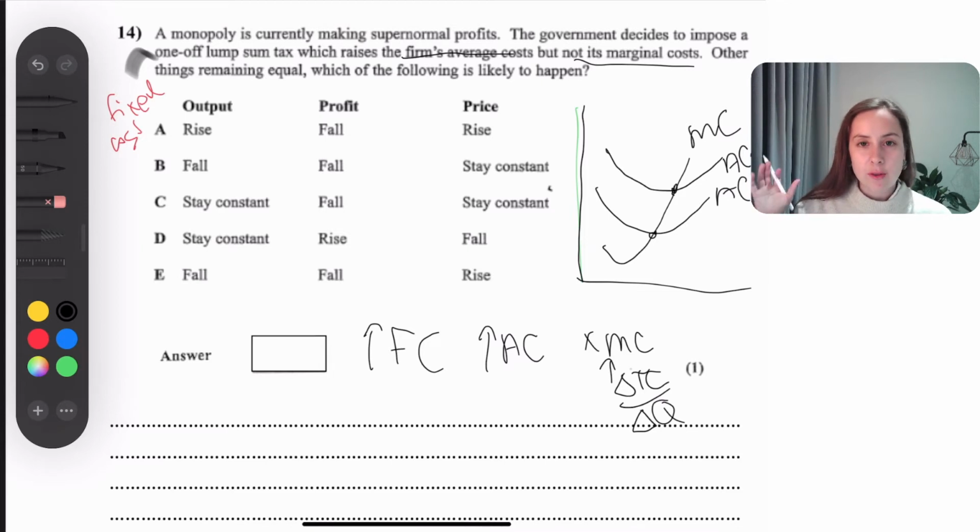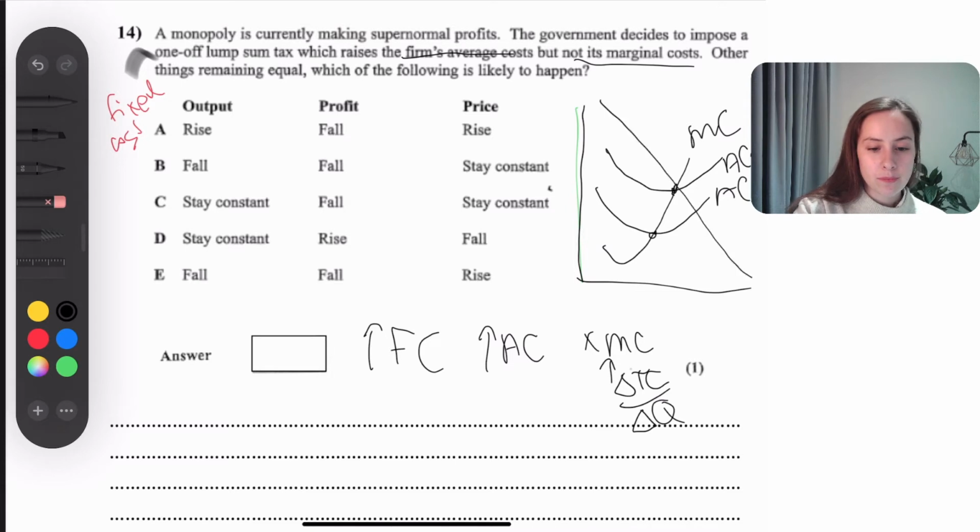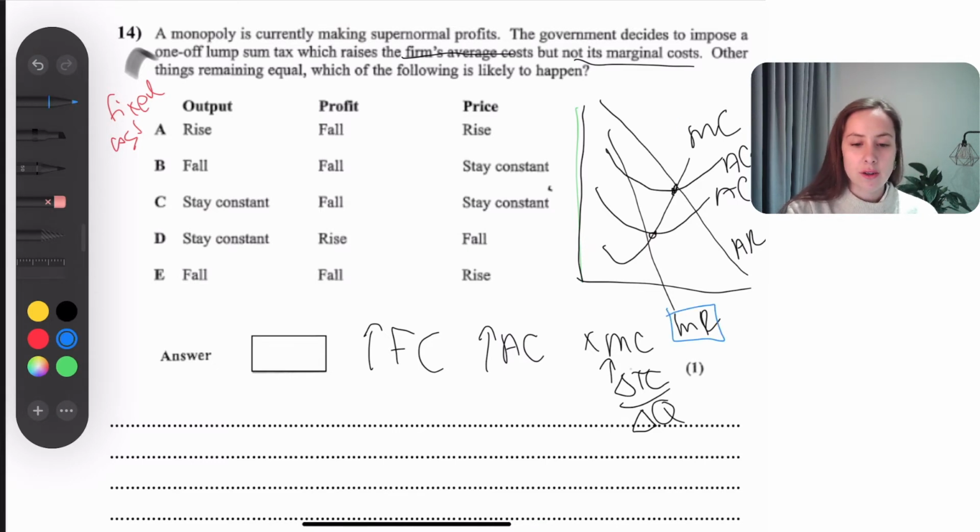So that's my explanation of why your marginal costs don't change if you're changing your fixed costs. The implication of this, if you were to actually draw the graph, is that your MC and your MR are unchanged, and so Q1 is going to equal Q2. There won't be a Q2 because it's the same.